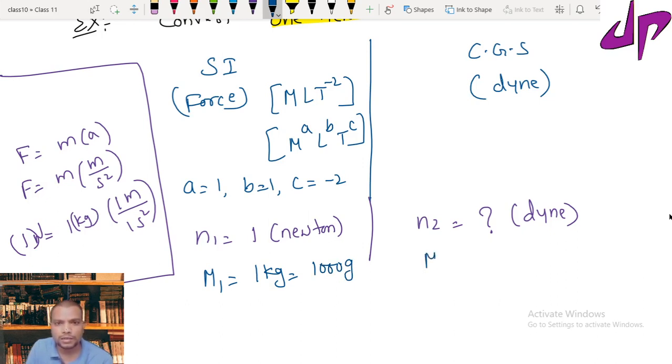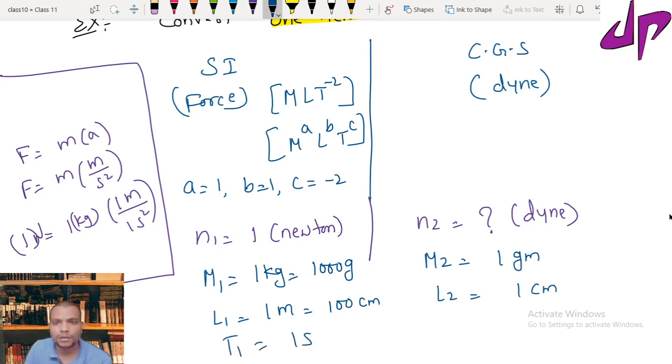Here M2 is only 1 gram. L1 is 1 meter, which is 100 centimeters, but L2 is only 1 centimeter. The time t1 equals 1 second, and in the CGS units, t2 also becomes 1 second.